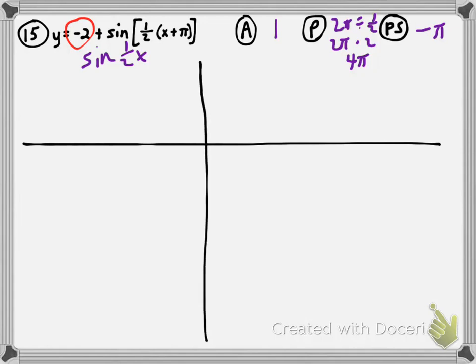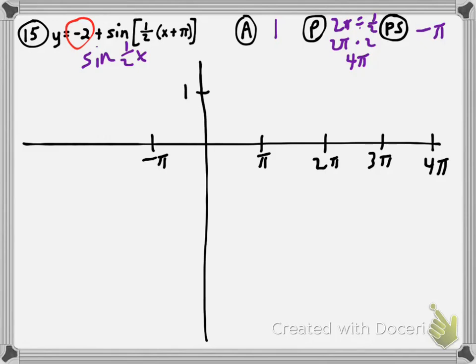And again, 4 pi is our period. So 4 pi there, this is an easy one. 2 pi there, 3 pi. I know I'm going to move to the left pi, so I'm going to put that there as well. Negative pi.